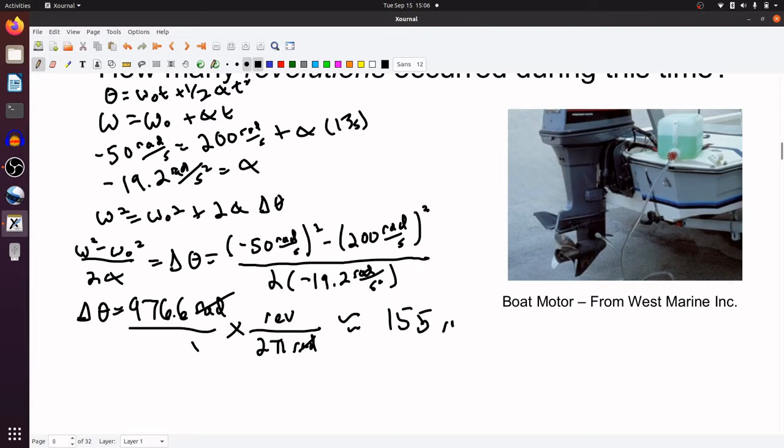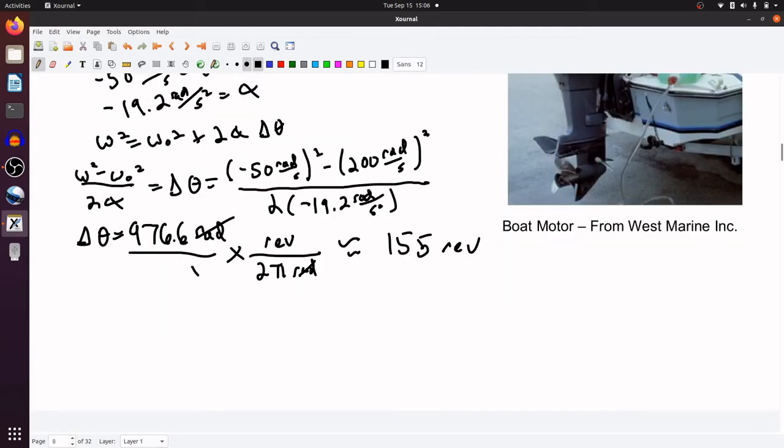The reason I'm doing this is because a lot of times we don't express things in radians. When they're talking about something spinning in RPMs, they're not talking about radians per minute, they're talking about revolutions. That's what we care about, so we have to use this to figure out the revolutions.